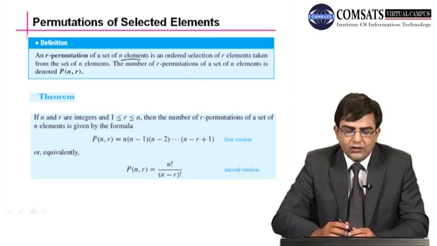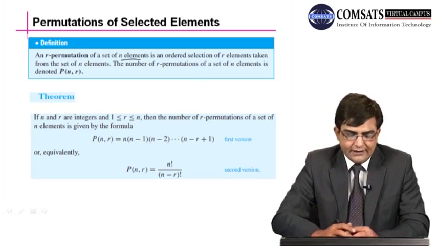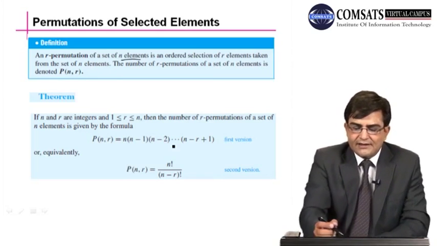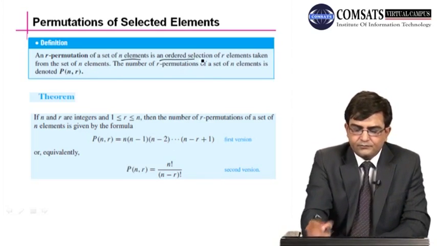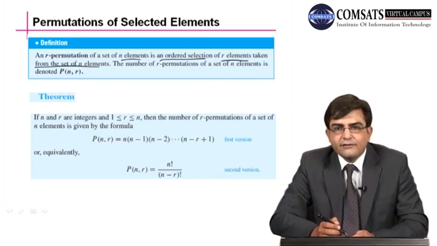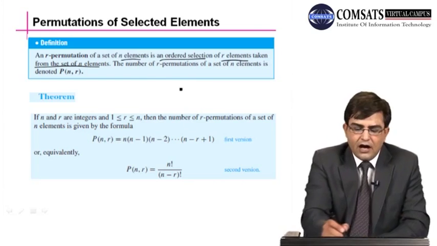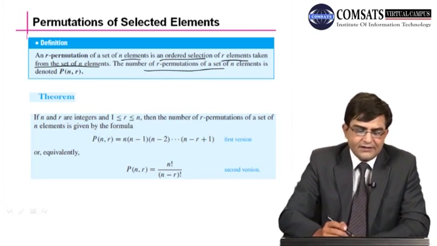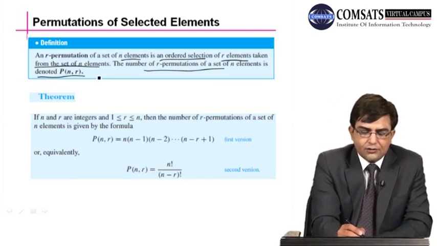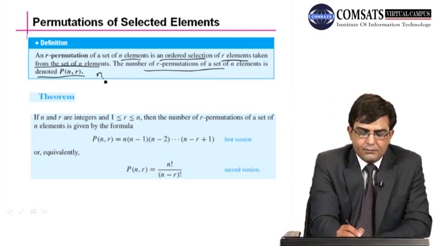So a permutation of a set of n elements is an ordered selection of r elements taken from the set of n elements. The number of r permutations of a set of n elements is denoted by P(n, r), or you can denote it usually by nPr.